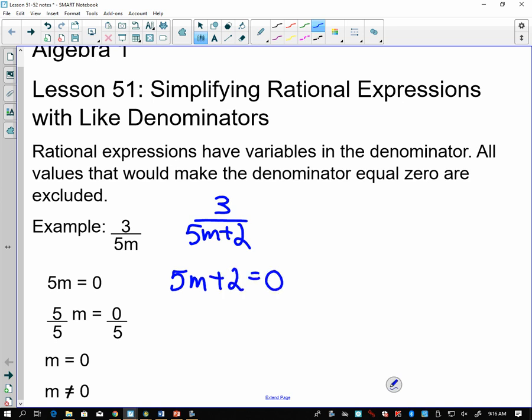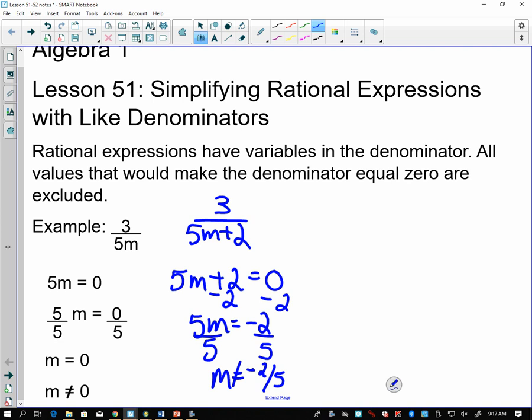And you said we're going to do what first? Subtract 2 from both sides. So I have 5m equals negative 2. And now divide by 5. All right, so m cannot equal what? Not negative 2.5. Negative 2.5 is not the same as negative 2/5.